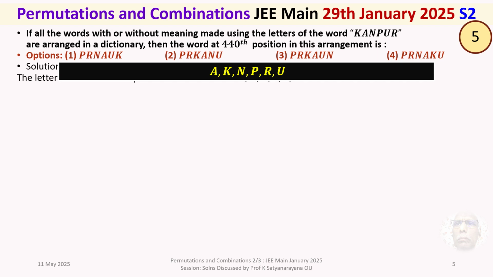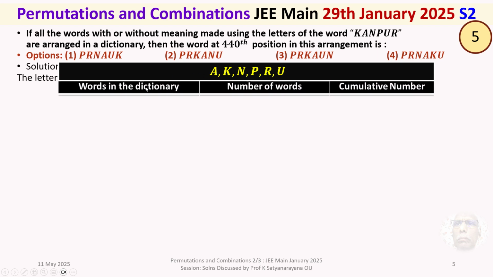Now we start creating the words in our dictionary. So first it starts with A. We write down the number of words, and the cumulative number of words.